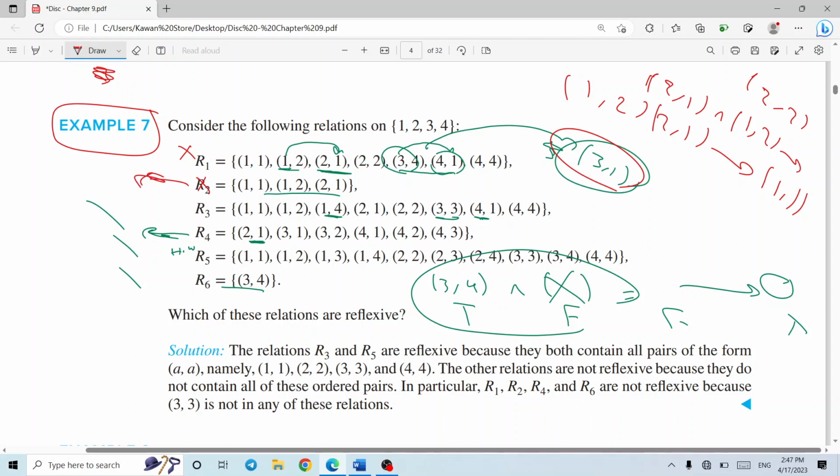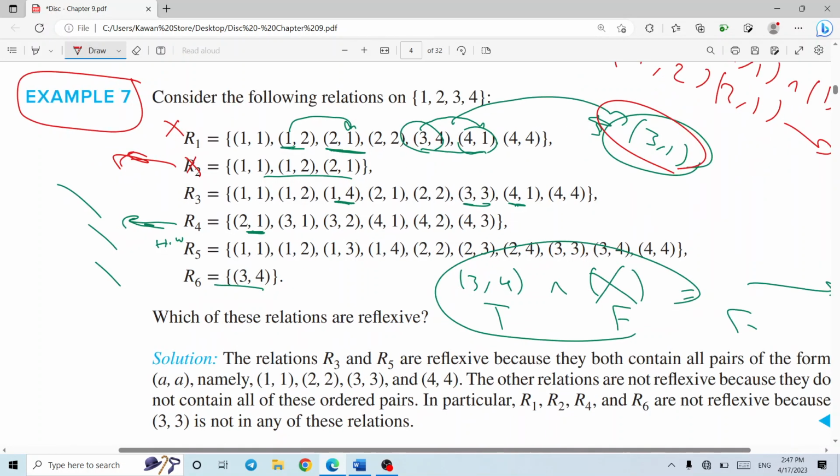Can you find the third one, why it's not transitive? Let me check. 4 and 1.